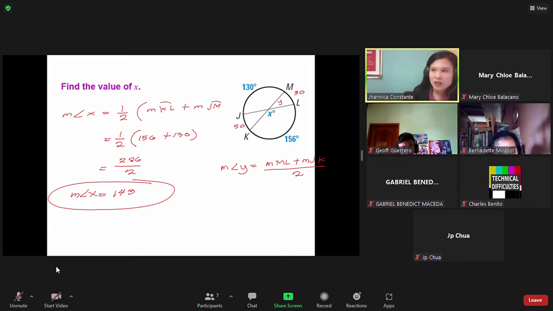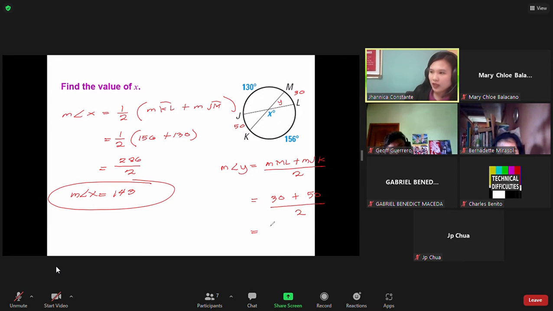Or it's the same as 1/2 times the sum of the two intercepted arcs. So the measurement of arc ML is equal to 30 plus the measurement of arc JK is equal to 50, divided by 2.